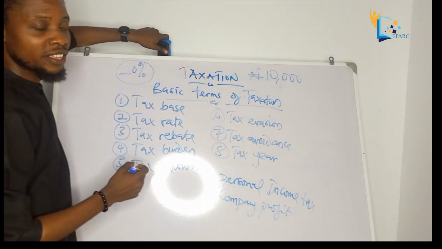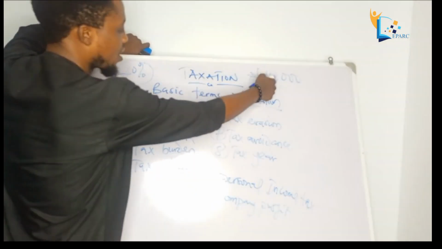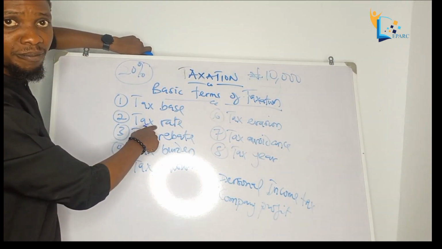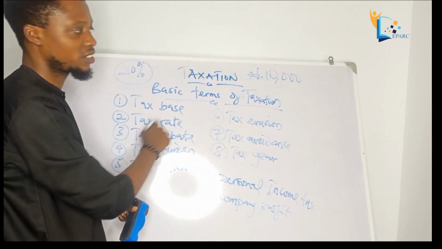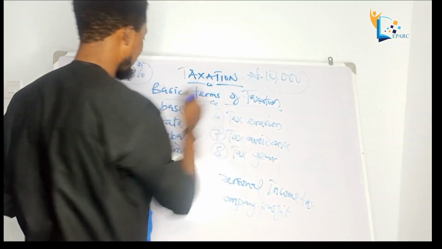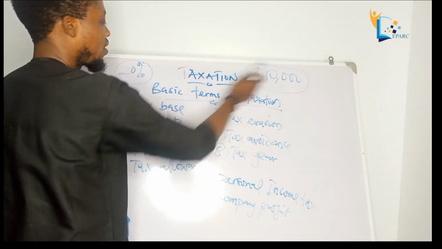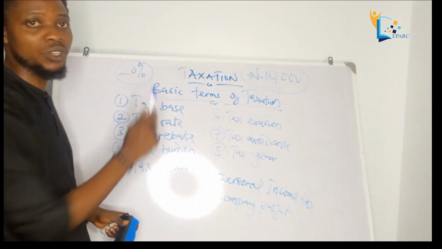So 20% of 10,000 naira is our tax rate. This 10,000 naira is our tax base. Our tax rate is 20%.